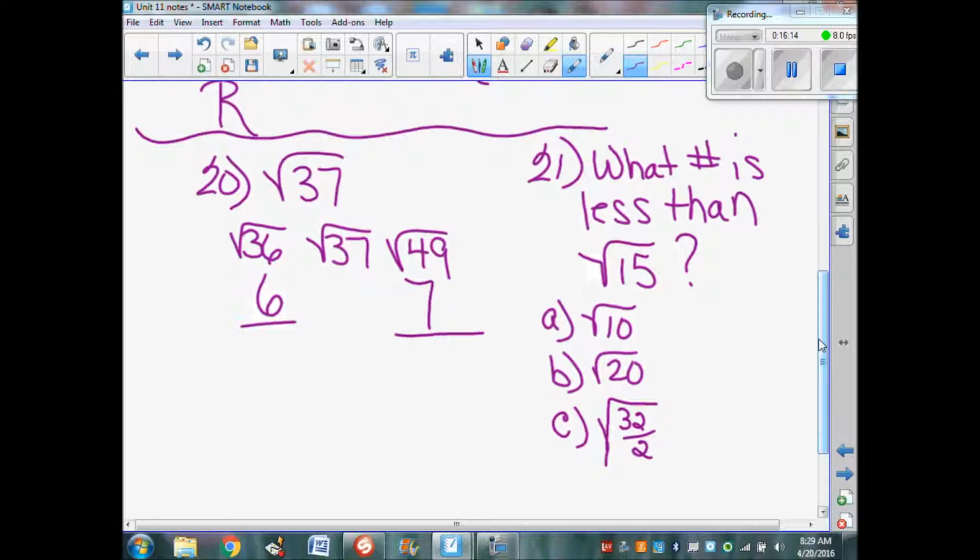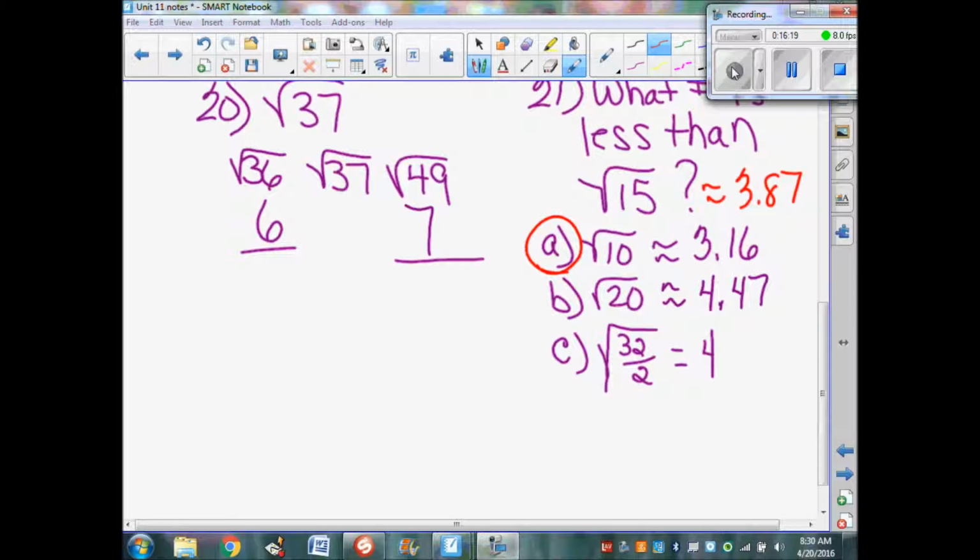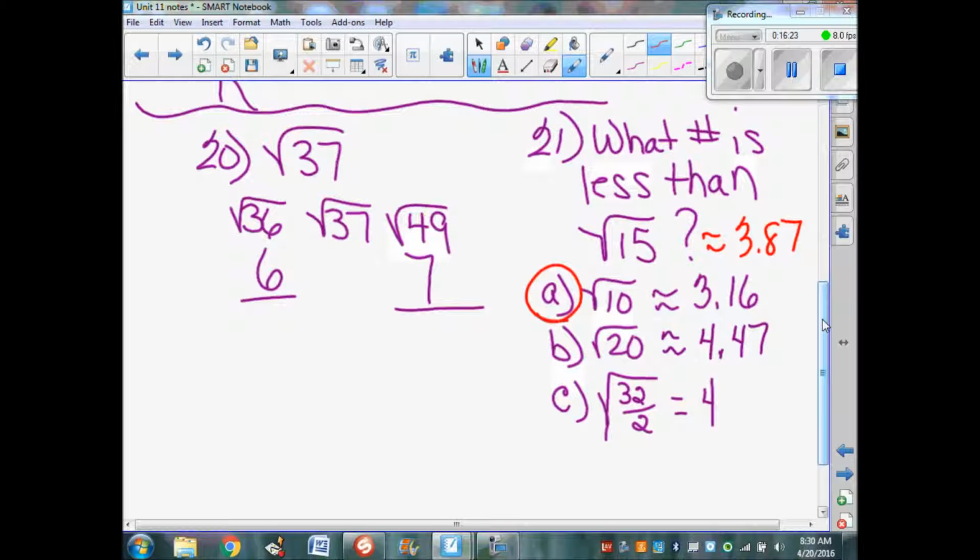I'm going to pause the video. I want you to use your calculators, and I want you to think about that one, come up with an answer. All right, so you guys can see that it is less than, okay, A, because we approximated all those with the use of our calculator to come up with those numbers.